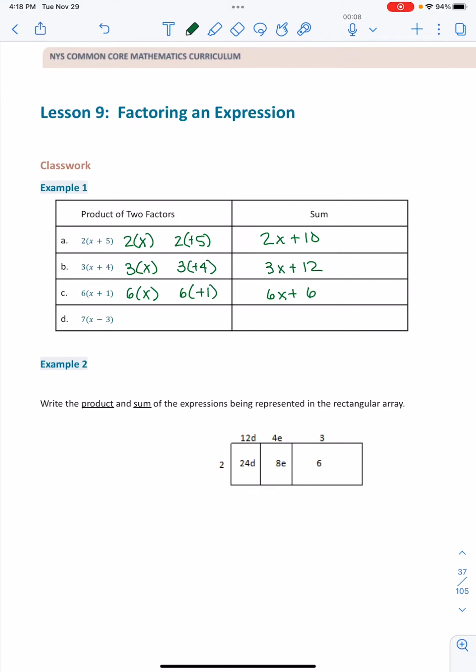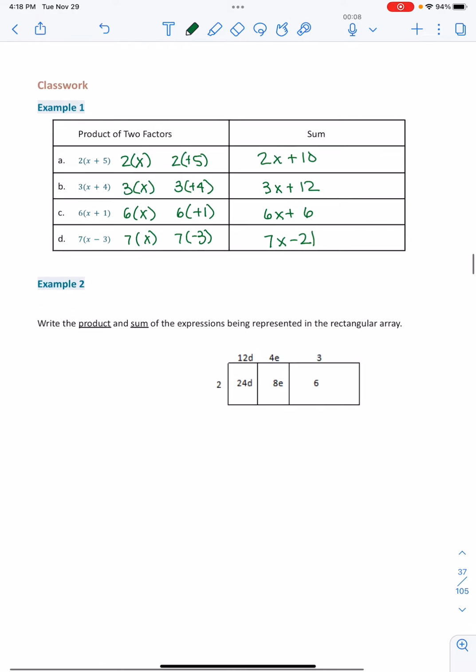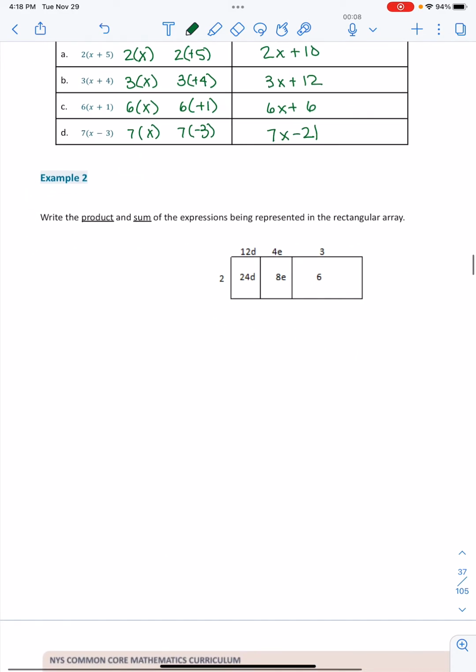And last, for d, we would have 7 times x and 7 times negative 3, which would give us 7x minus 21.